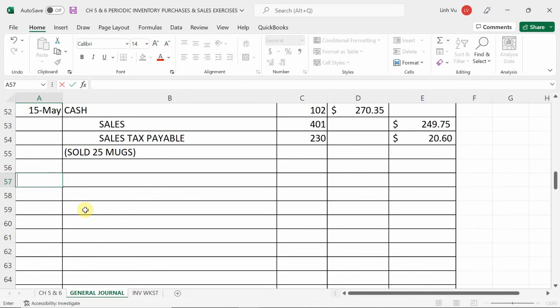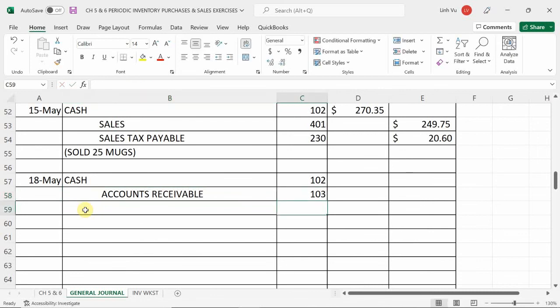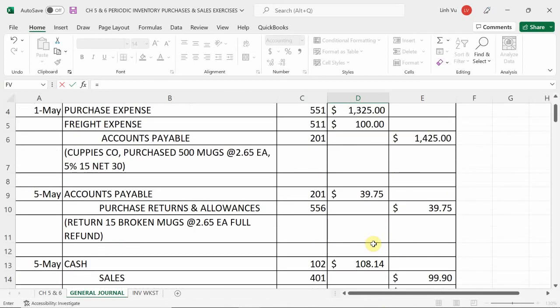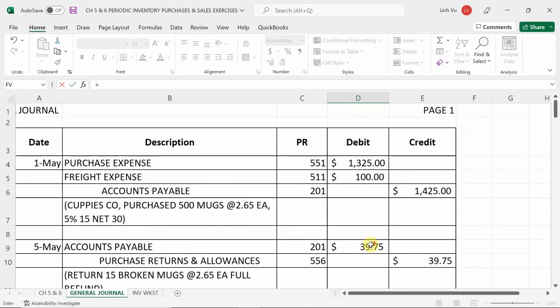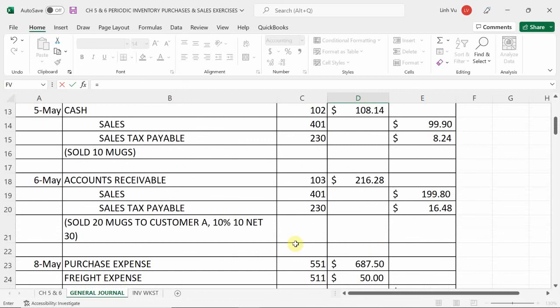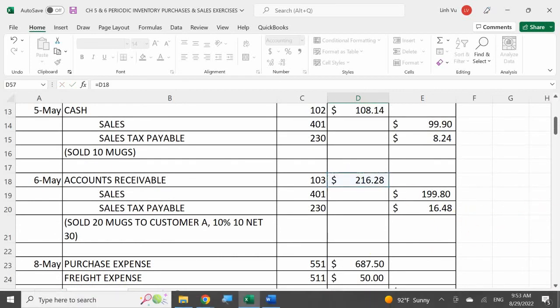Now, how do I record a payment? What did they pay me with? They paid me with cash. So I'm going to recognize that I'm receiving cash, and I'm going to decrease the amount that they owe me, the accounts receivable here for the 216 and 28 cents.